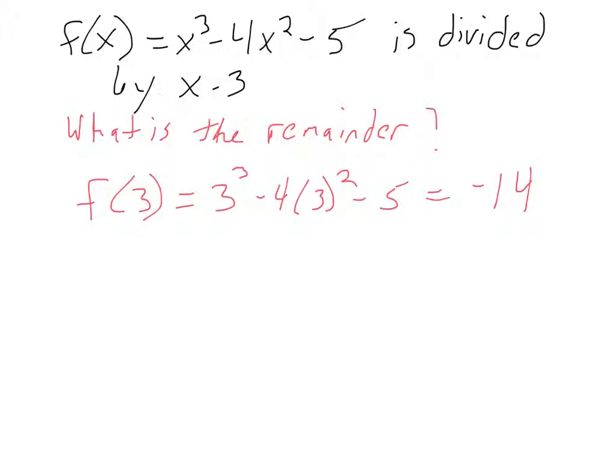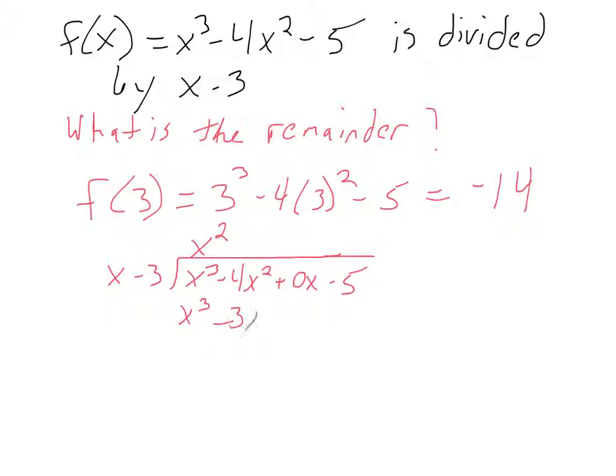Let's go ahead and confirm that by doing polynomial long division here. So if we go ahead and divide this, x cubed minus 4x squared plus 0x minus 5, right? X goes into x cubed, x squared times. So we get x cubed minus 3x squared. And then we subtract, and we get negative x squared plus 0x minus 5.